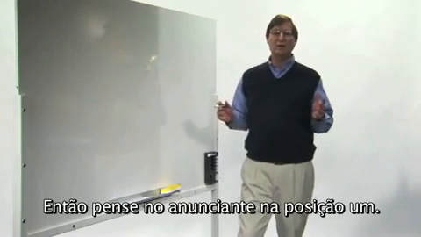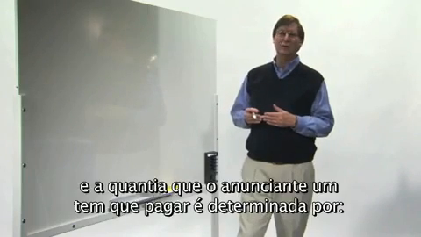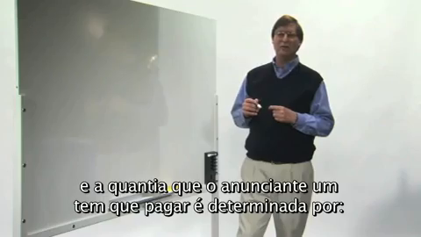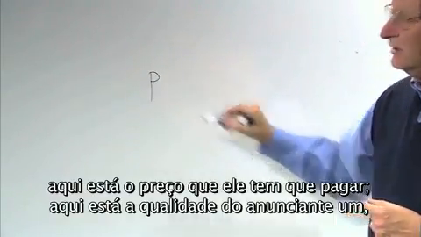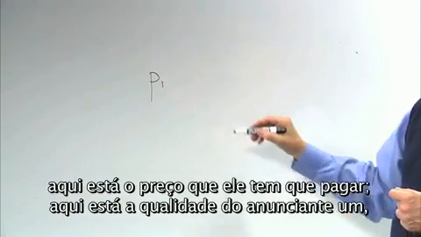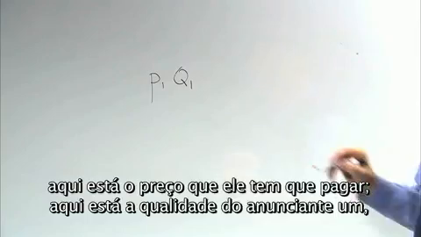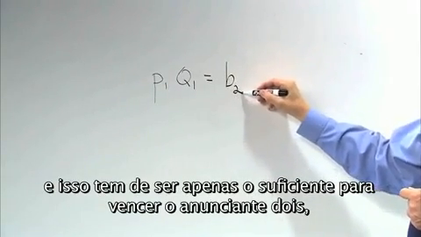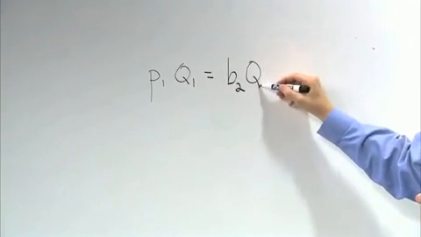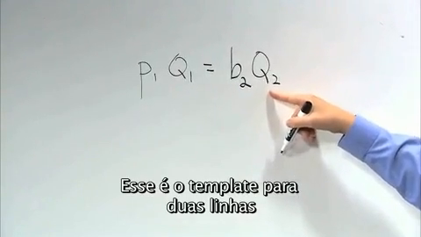So think of advertiser in position 1. He's competing with advertiser in position 2. And the amount that advertiser 1 has to pay is determined by, here's the price he has to pay, here's the quality of advertiser 1, is going to be just enough to beat advertiser 2, who bids B2 and has quality level Q2.